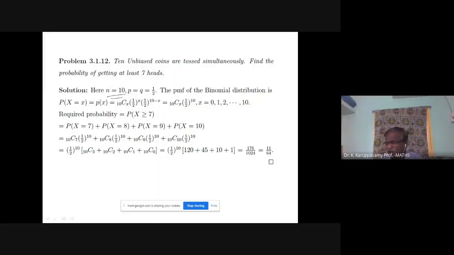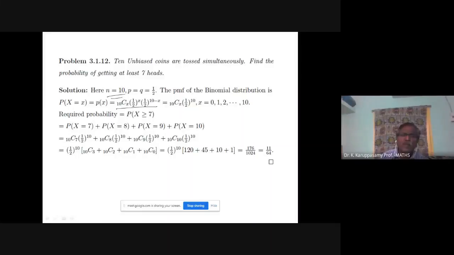Tossing of a coin, childbirth, male or female. So even though it is not given, we can assume that P and Q are 1/2. Number of coins is 10, N equal to 10. P and Q: tossing a coin, getting head is 1/2, tail is 1/2.